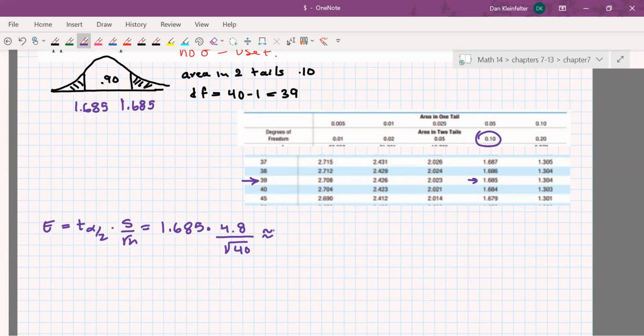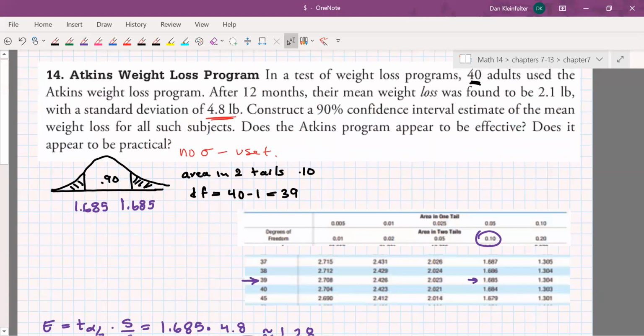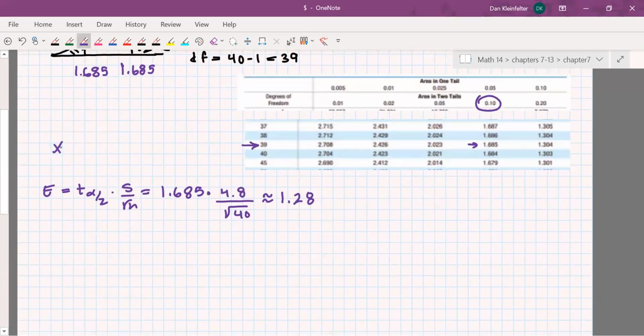So that's 1.28. So then our mean was 2.1 pounds.